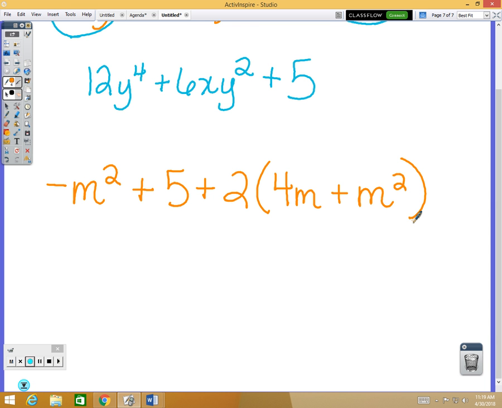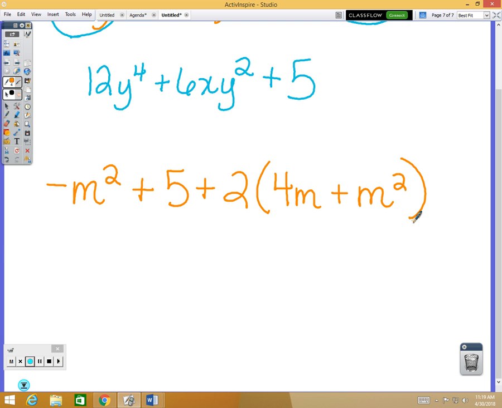So when I glance at this problem, this expression, I see parentheses. Parentheses always mean do that first. We can't add what's inside of the parentheses, but that is going to give us a reminder that we need to distribute. What number do we distribute? The 2. So is it a positive 2 or a negative 2? Positive 2, so that plus sign in front of it lets us know it's a positive 2.